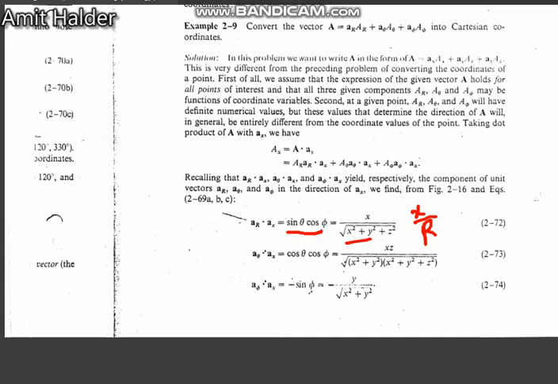Cos theta cos phi is going to be x by r times z by rho, and minus sine phi, with phi the tan inverse of y by x, is minus y divided by root over x square plus y square.